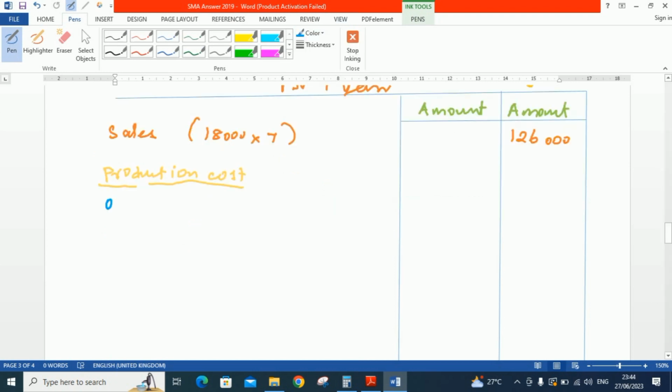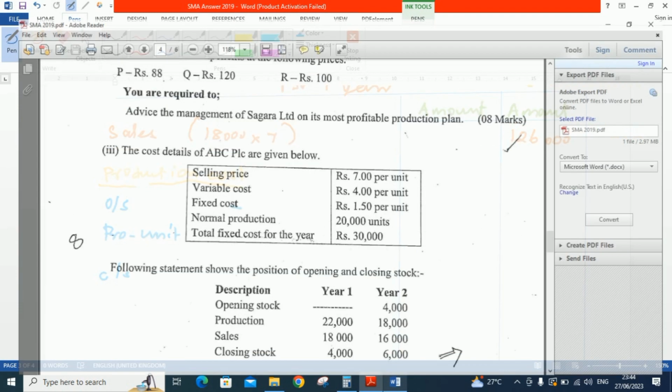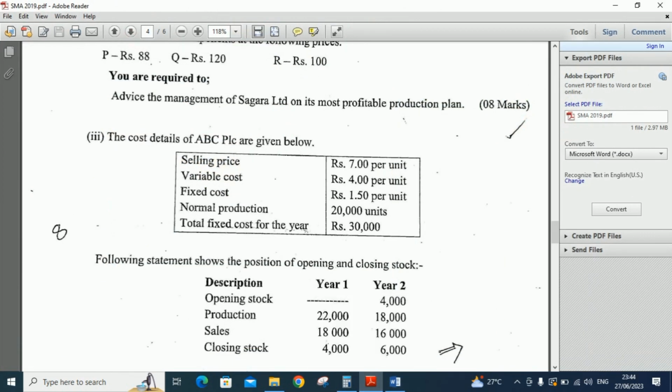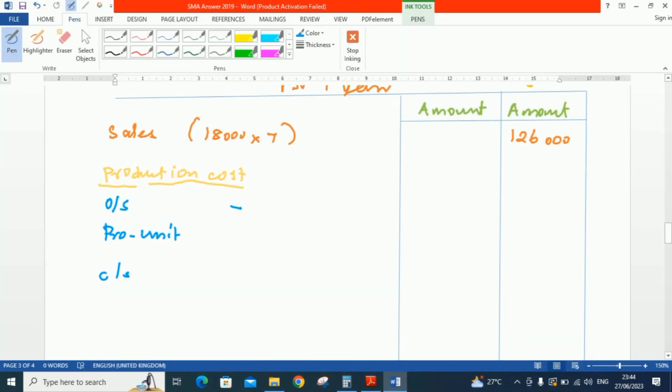First opening stock and production unit, then minus closing stock. So there's no opening stock in year 1, and production unit for year 1 is 22,000 and closing stock for year 1 is 4,000.